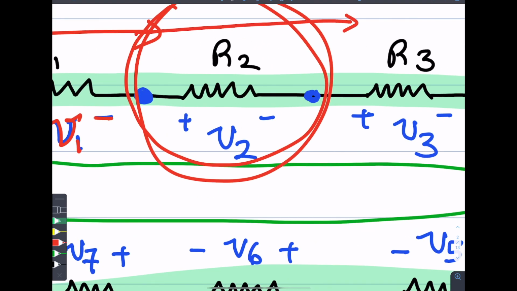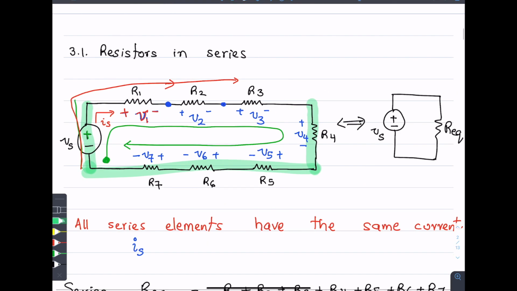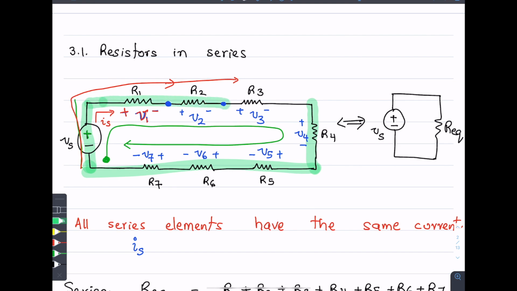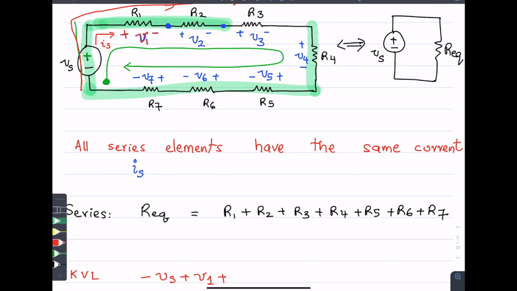So we are going along the loop, along the green path, right, and adding up the voltage drops. Now we are at R2, where the voltage is plus or minus V2, so we add that. The same for the third resistance as well.